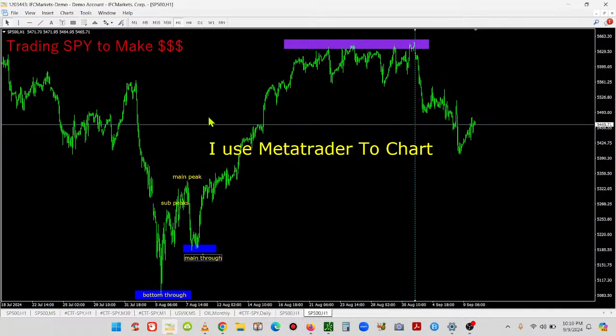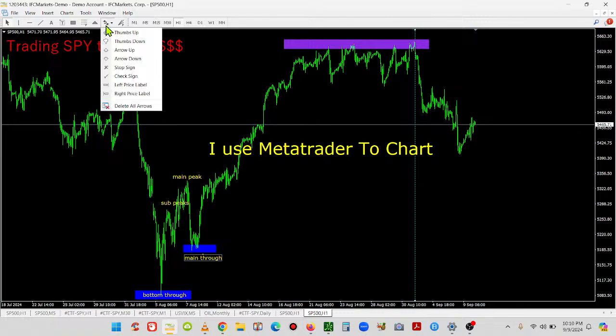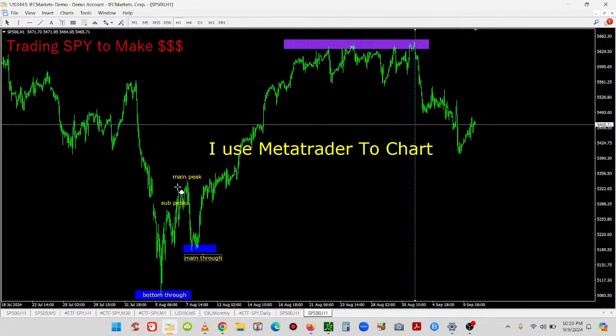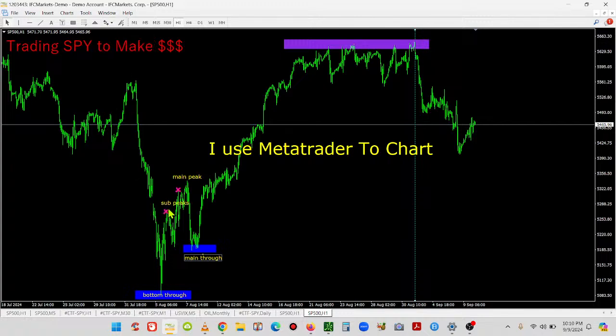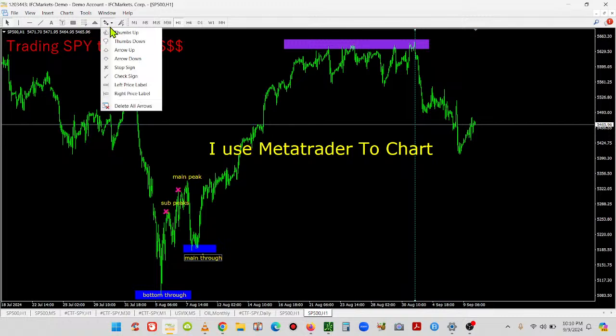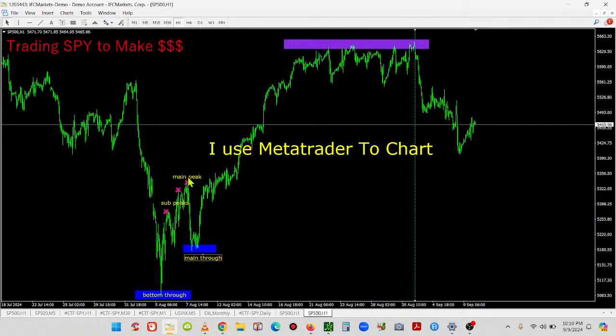Okay, and by our sub peaks, let's go ahead and we'll put these right there to mark the sub peaks. That's a sub peak. There's a sub peak. Okay. And then we have the main peak right there.